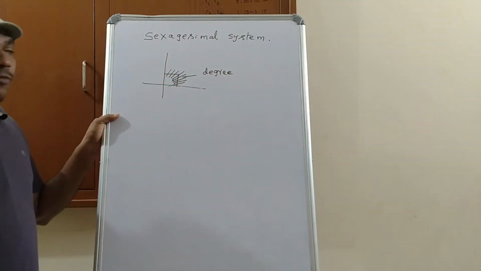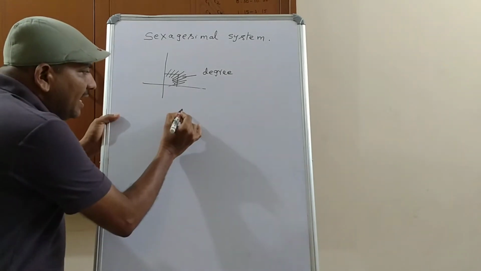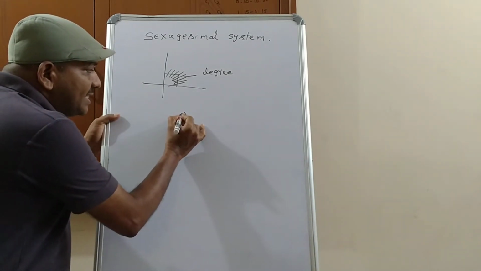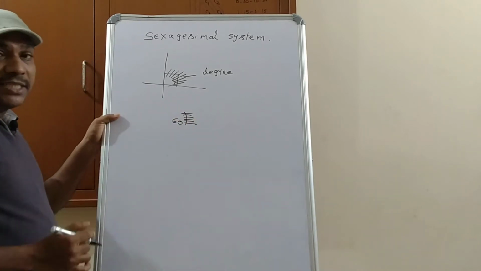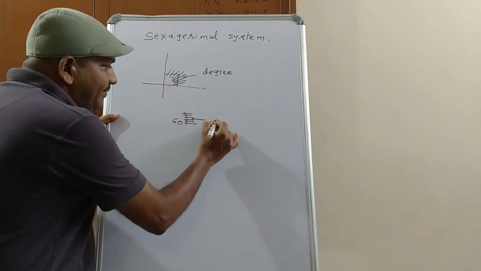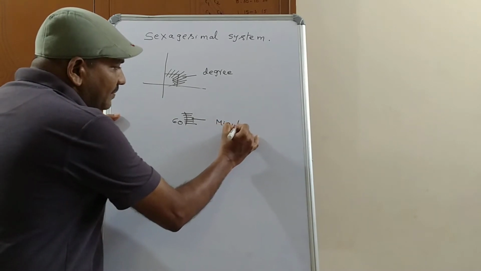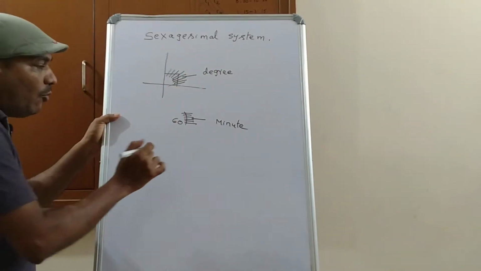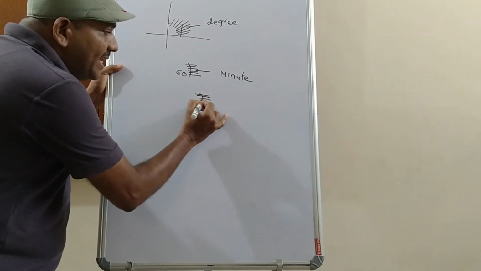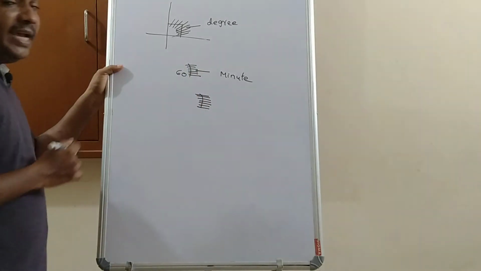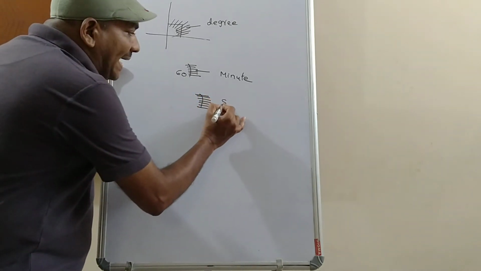Next, 1 degree is divided into 60 equal parts. Each part is called minute. Next, 1 minute is divided into 60 equal parts. Each part is called second.